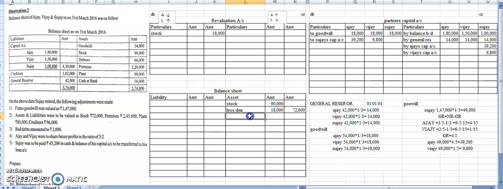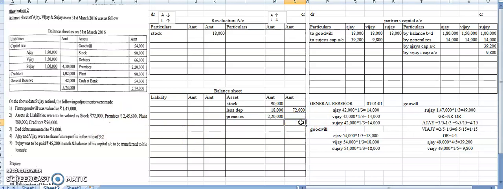Then second adjustment, premises 2,45,000. Same method. First I'll write the premises amount which is given in the balance sheet. So premises. Then I am writing the amount which is given in the balance sheet in the internal column, 2,20,000. Then I am writing the amount which is given in adjustment in the main column.